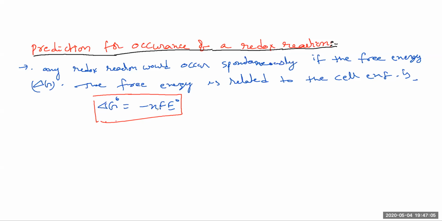N is the number of electrons exchanged between reductant and oxidant, means redox reaction. F is Faraday. E naught is the standard reduction potential or EMF of the cell.